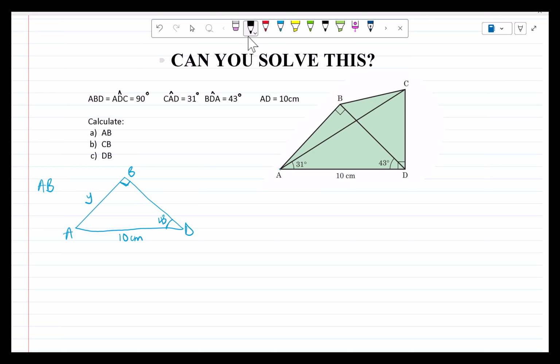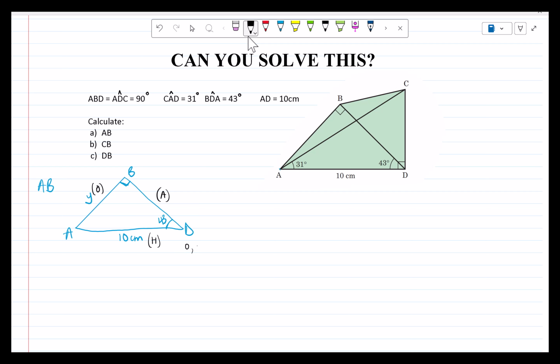Now, labeling our triangle, we know that the side opposite the angle is what we call the opposite, and then the side opposite the right angle is what we call the hypotenuse, and this leaves us with the adjacent. We have got two things here. We want to find O, which is Y, that's the opposite, and we have got the hypotenuse.